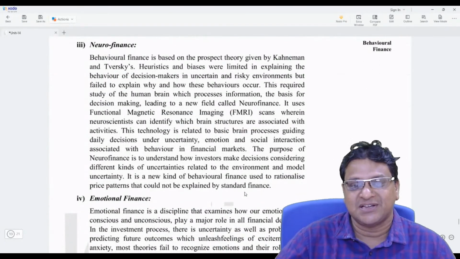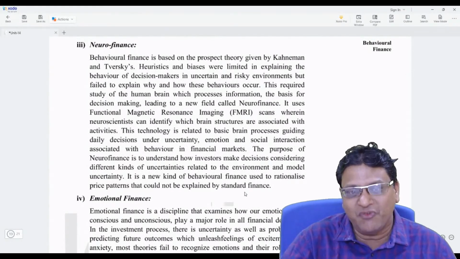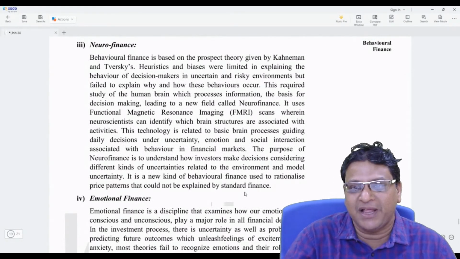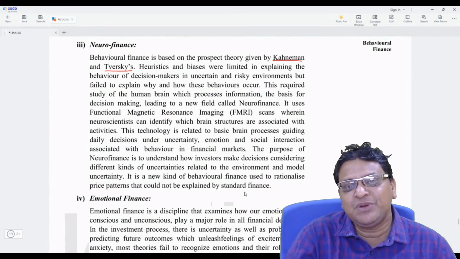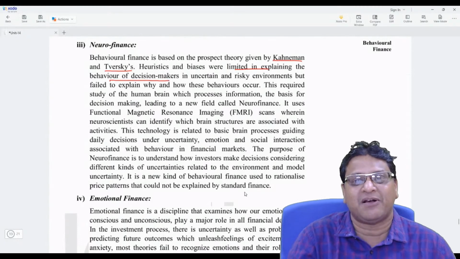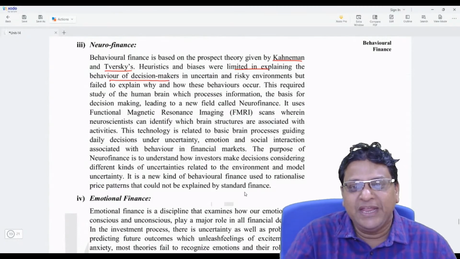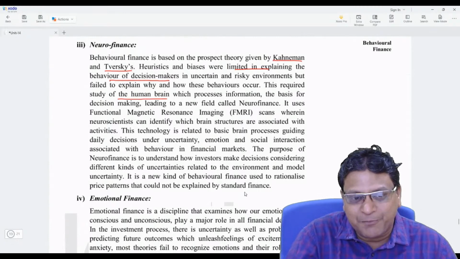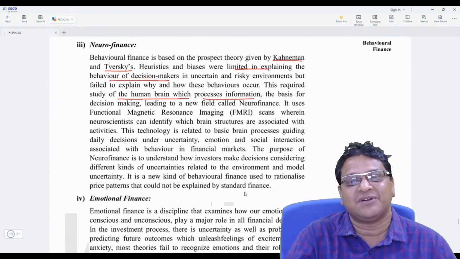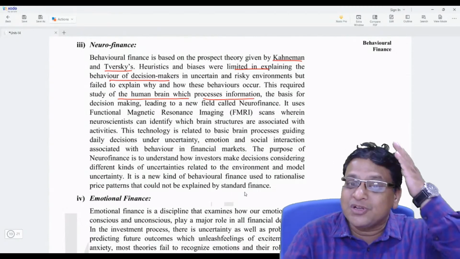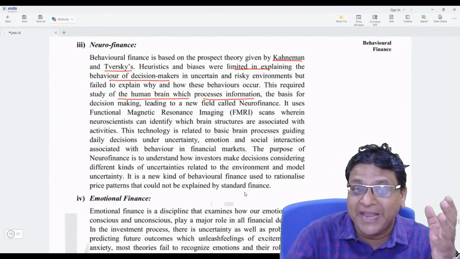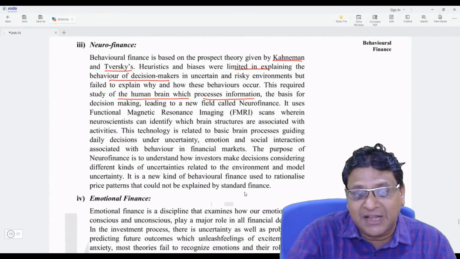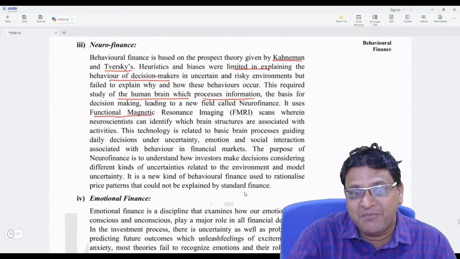Next, neurofinance. What is neurofinance? In case of neurofinance, this is a concept given by Kahneman and Tversky. Next, heuristics and biases are limited in explaining behavior of decision maker. So in this case, we study the human brain which processes information, the basis for decision making. All the decision making is made in the brain. So we study the human brain, and we use a technique called fMRI technique.